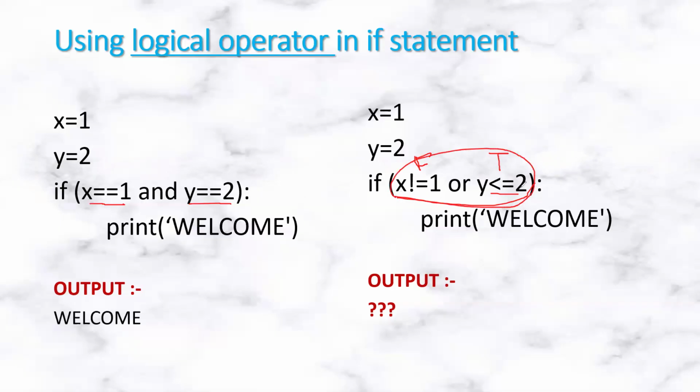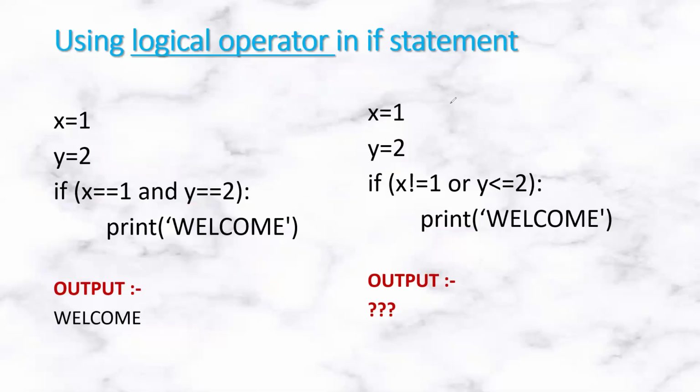And why is that so? One of the conditions is true. Am I clear with this? Others have done this part, so they are more confident. What about you? She's doing it for the first time.